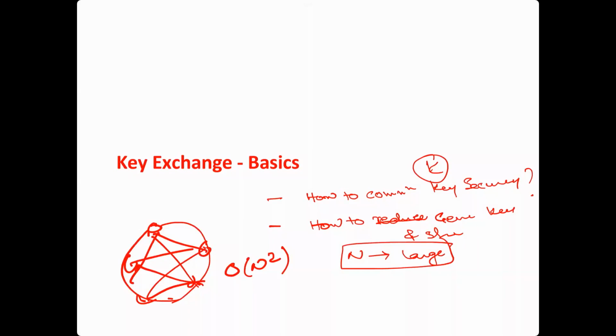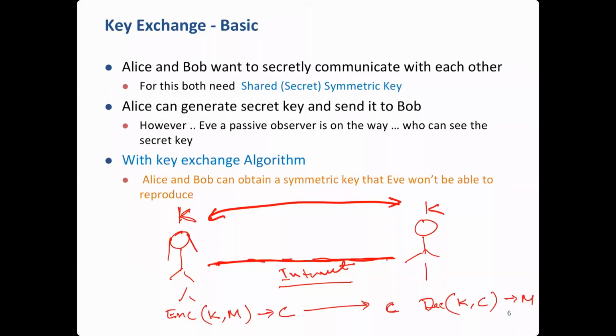Okay, so the first thing we need to solve is how to exchange the keys reliably over an insecure medium. Now the first basic thing is that both Alice and Bob generate a private key and a public key.